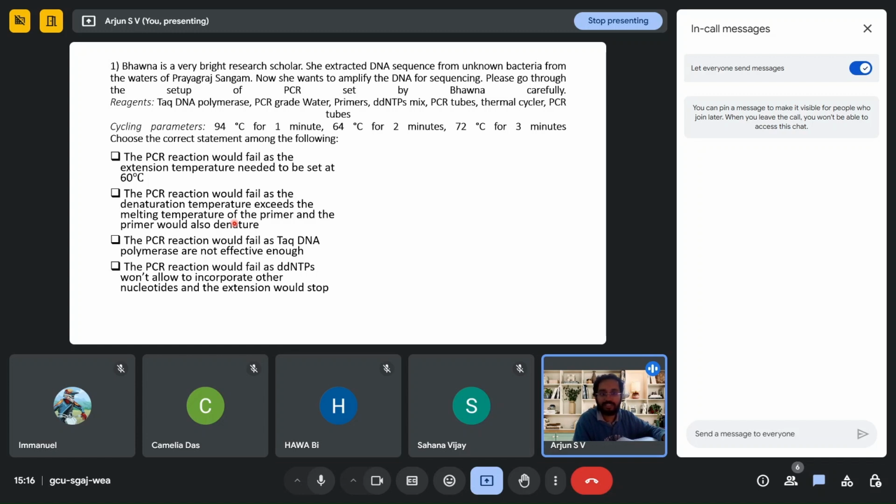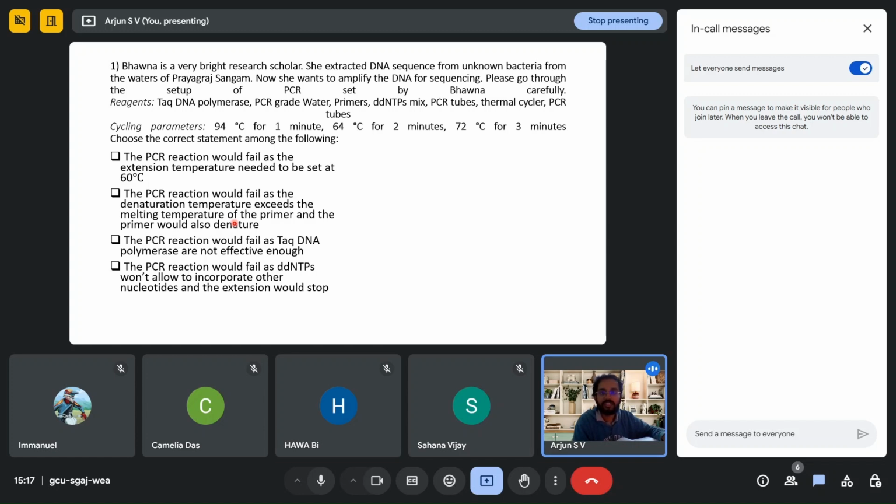Primers are complementary sequences which are used to bind to the complementary template sequence, and we need dideoxynucleotide ddNTPs for extension, and we need a thermal cycler because each step in PCR needs to be operated at a different temperature, and we need PCR tubes for these reactions to be performed.